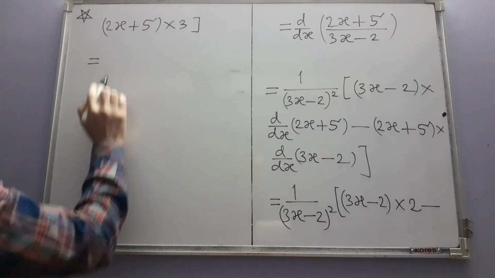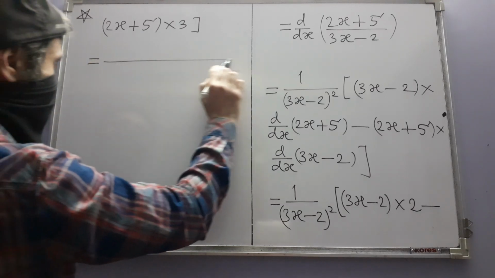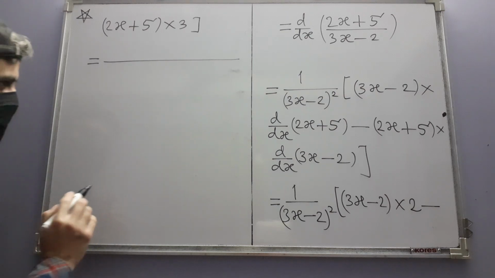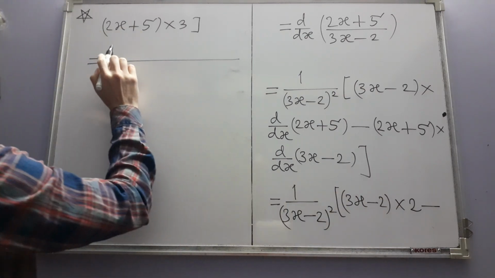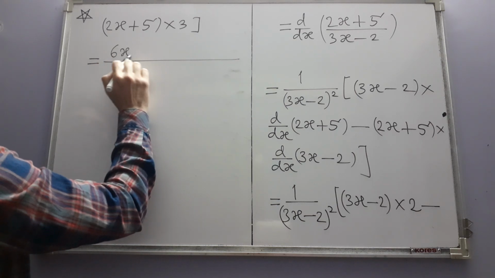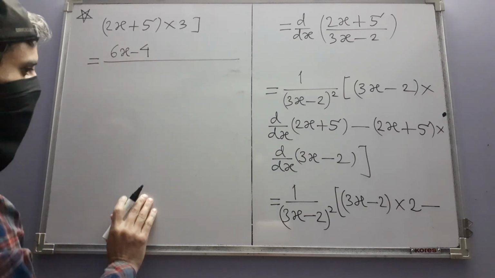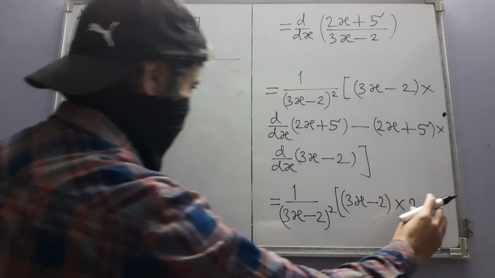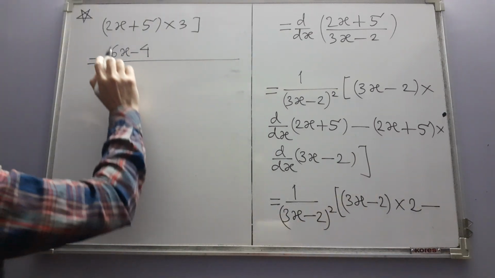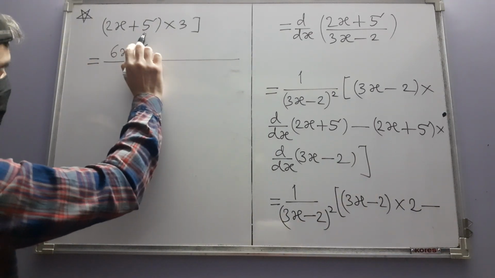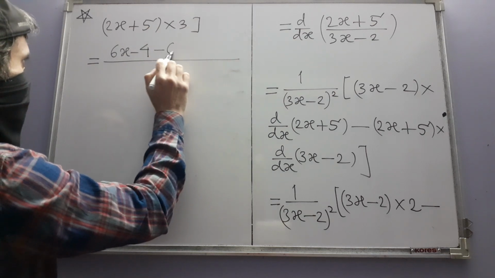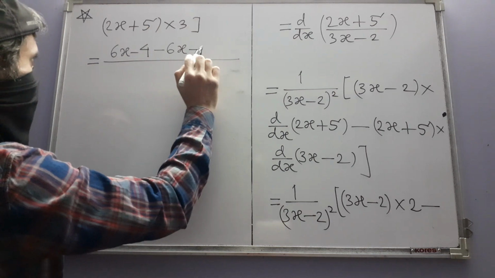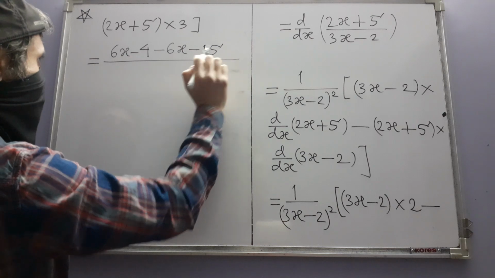So now it equals, now I think we can write it like this. We have space now. So if you do the multiplication, you are going to get 6x minus 4. And do not forget that you have a minus sign. So when you multiply this polynomial by minus 3, you get minus 6x minus 15.